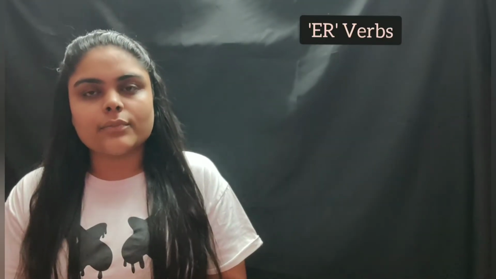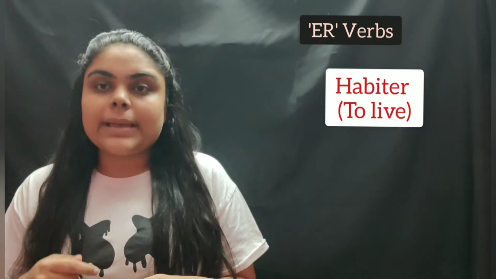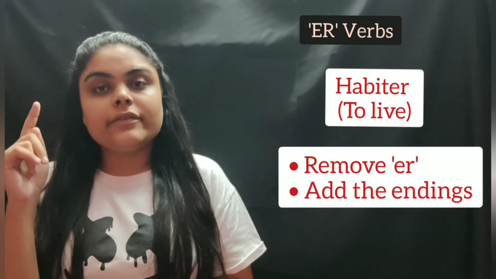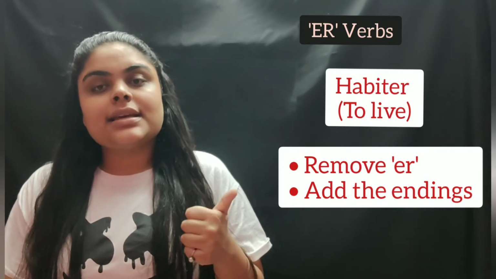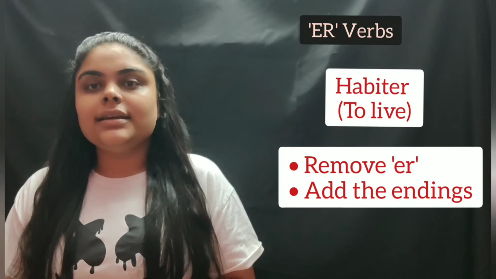Let's do another ER verb. For example, let's take the verb habiter. We will follow the same concept. We will remove ER and we will add E, ES, E, ONS, EZ and ENT.